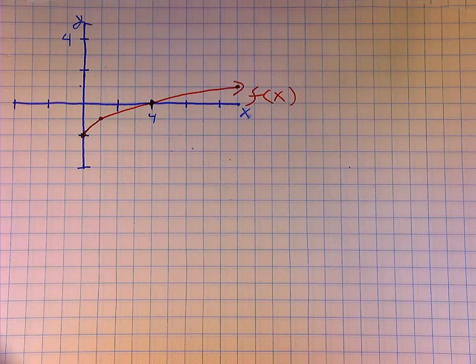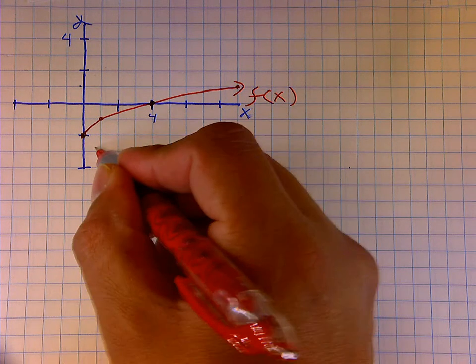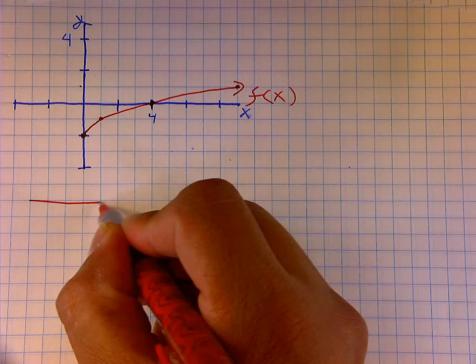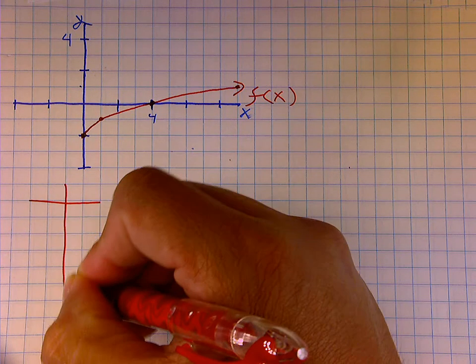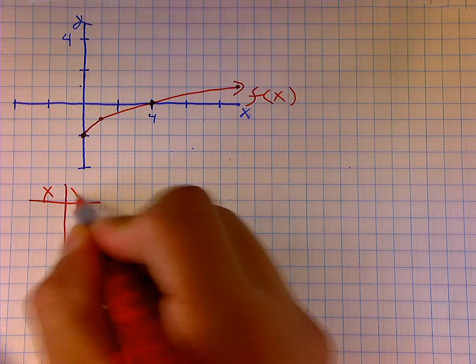So, first thing I'm going to need is some points from the graph f of x. I'm going to label these points. Actually, I'm just going to make a table of these points. So, this is the point.